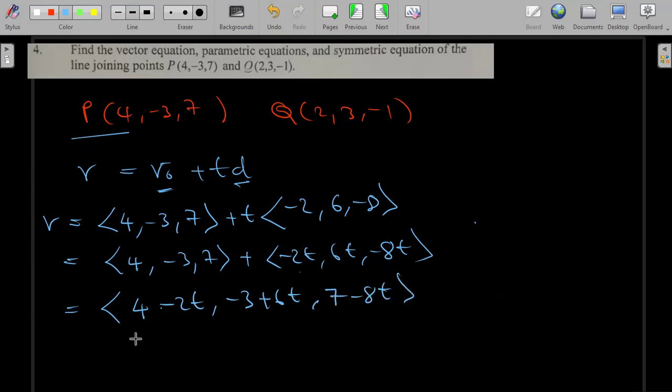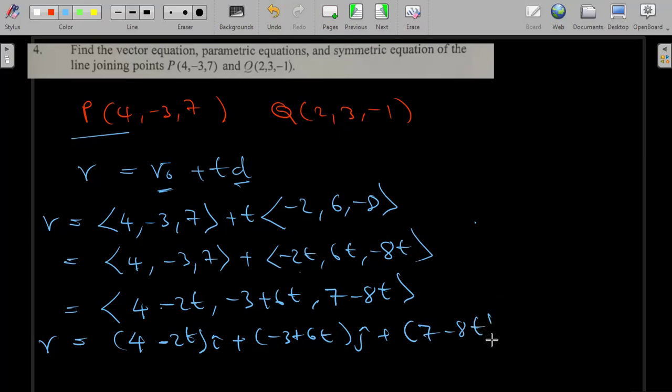These are my vector equation. I can now write it in terms of the components i, j, and k: 4 minus 2t, the i component, plus -3 plus 6t, j, plus 7 minus 8t, k. All right, so this is my vector equation.